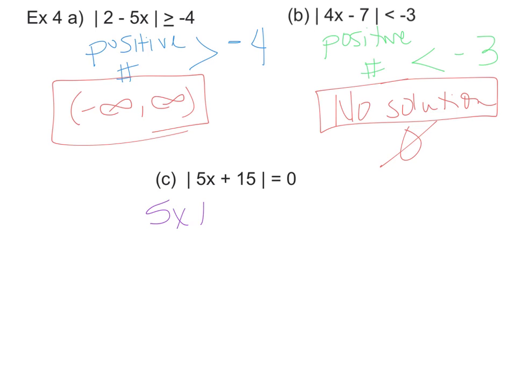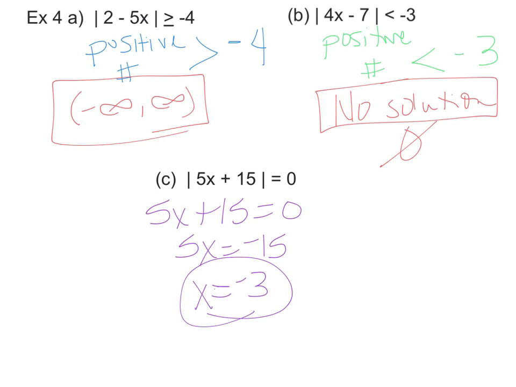So I'm looking at 5x plus 15 equals 0 because I'm already there. Subtract 15 from both sides, divide by 5, and in this instance you only have one solution because you're already at 0. Cool. Great job with your absolute values.